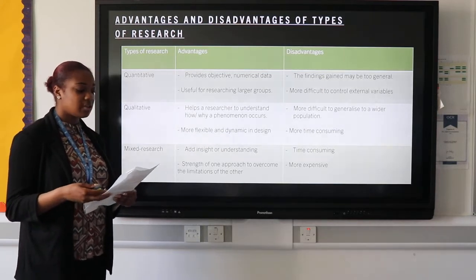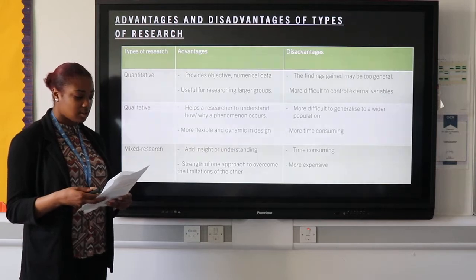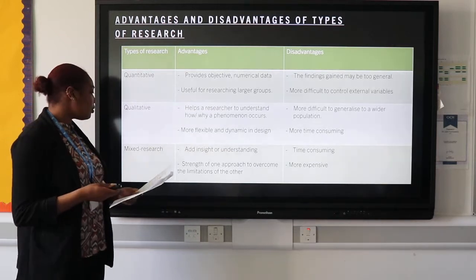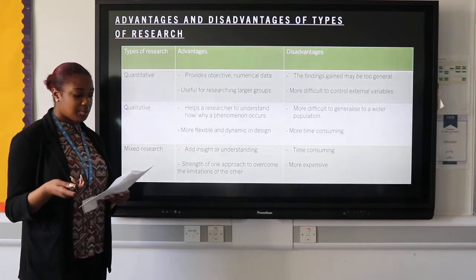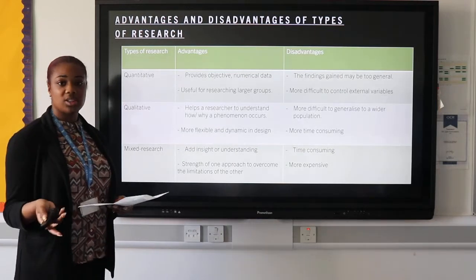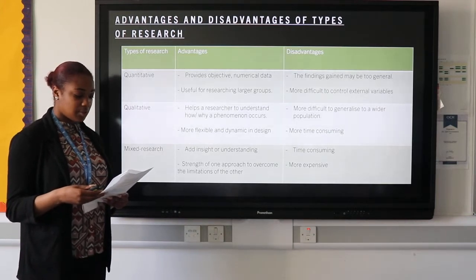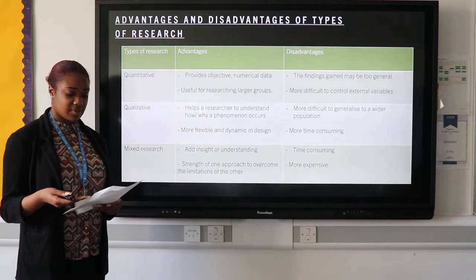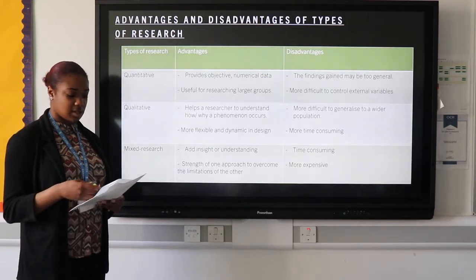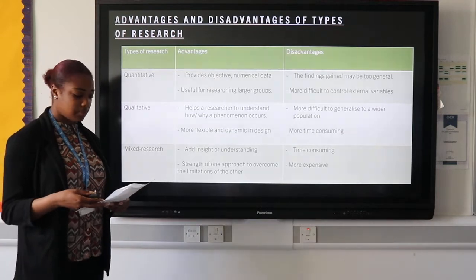This will help provide stronger conclusions and findings. A disadvantage of mixed research is that it's time consuming because you have to analyze 2 different types of data, quantitative and qualitative, and it is more expensive because different tools may be needed to carry out the study.